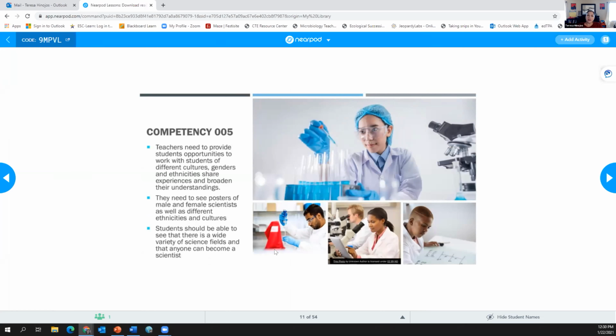This competency also talks about having to provide students the opportunity to work with students of different cultures and genders and ethnicities to broaden their experiences and their understandings. So again, they're only going to see things from their world, right? And their world is home, and so that's all they're really exposed to.